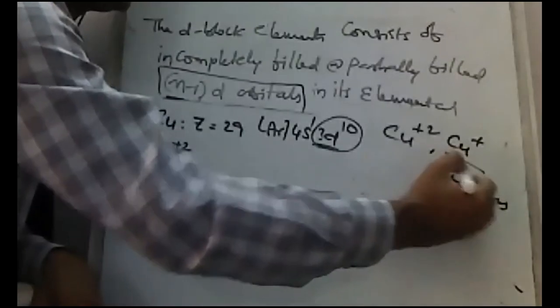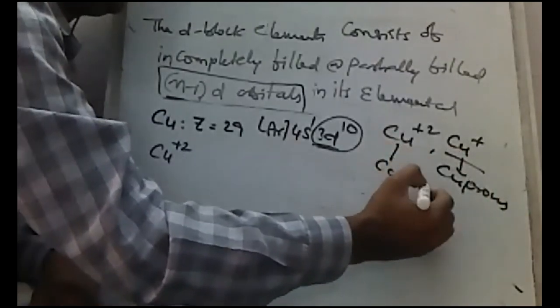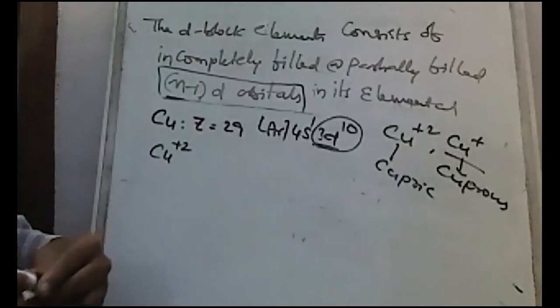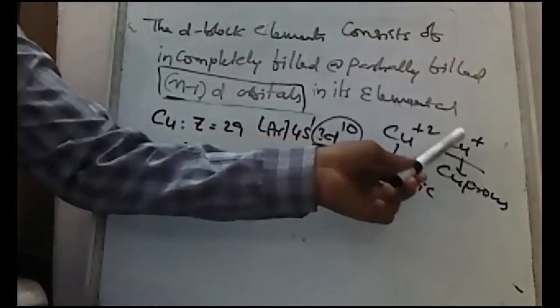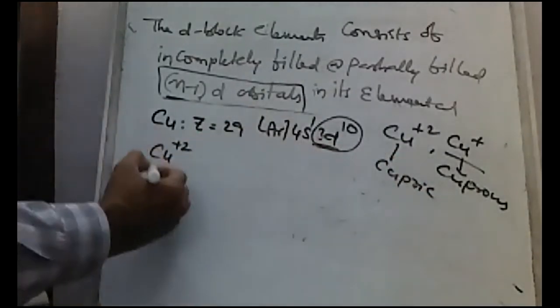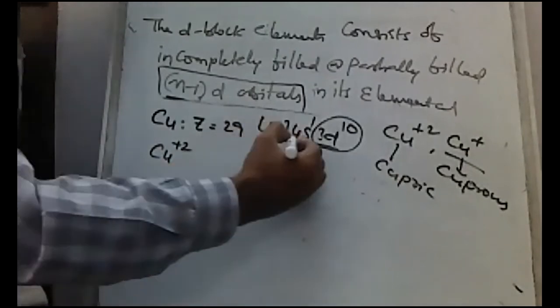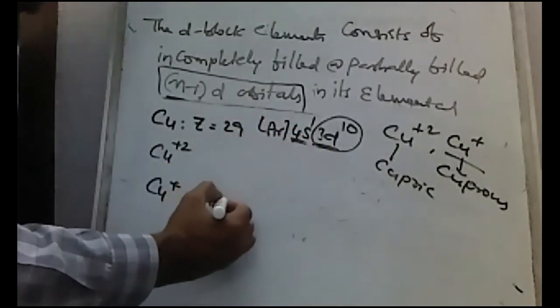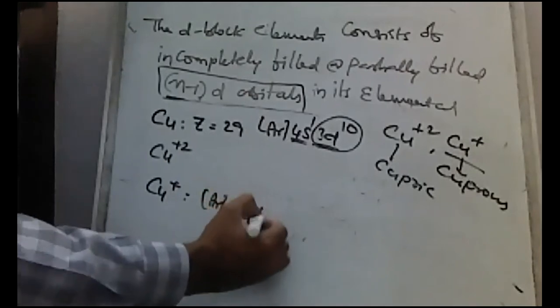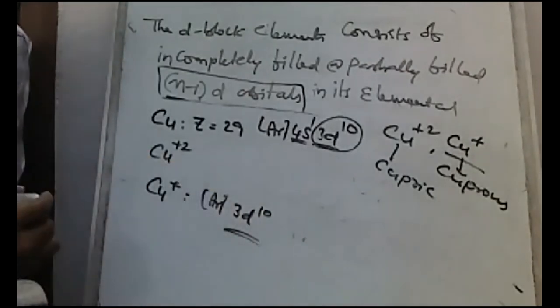Copper exhibits two oxidation states, plus 1 and plus 2. Plus 1 is shown by losing one electron from the 4s orbital, so 3d10. Here also it has a completely filled n minus 1 d orbital.